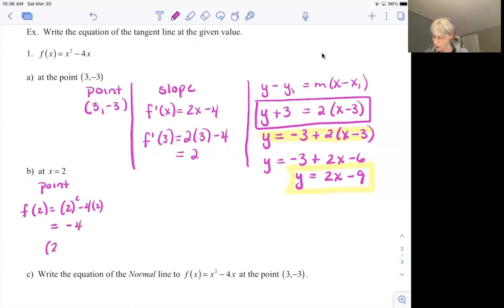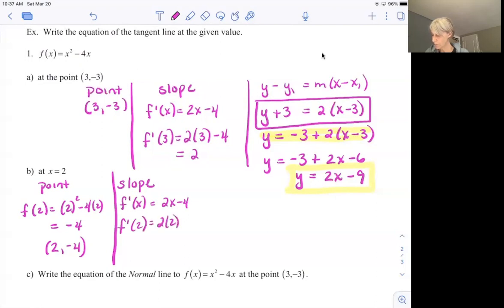So my point is (2, -4). We're going to do the work to get the slope. Remember, we're going to use our derivative, which we got already, and we're going to evaluate that when x is 2. So here my slope is 0. No big deal.